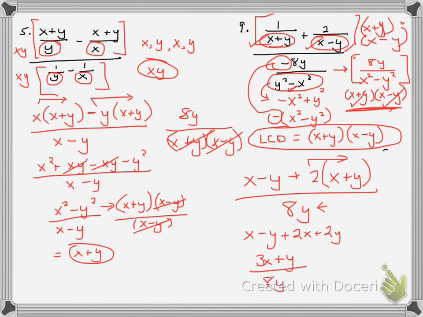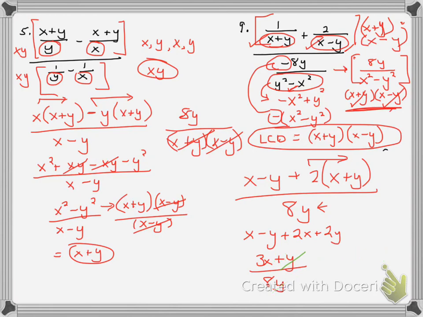Now, can I cancel out my y's? The answer would be no. I cannot. Let me show that to you. I cannot cancel that and that because of this plus sign. You can only cancel things that are multipliers or factors. So do not do that. That was all a false idea.